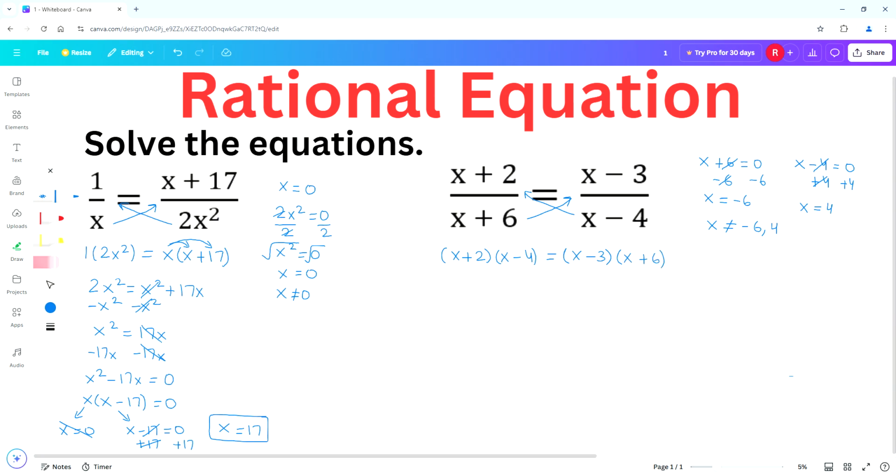Next, we can distribute the terms in the parentheses using the FOIL method. We can do the same on the right side.